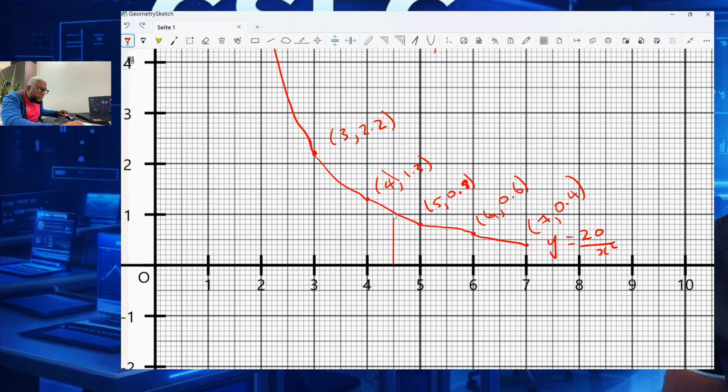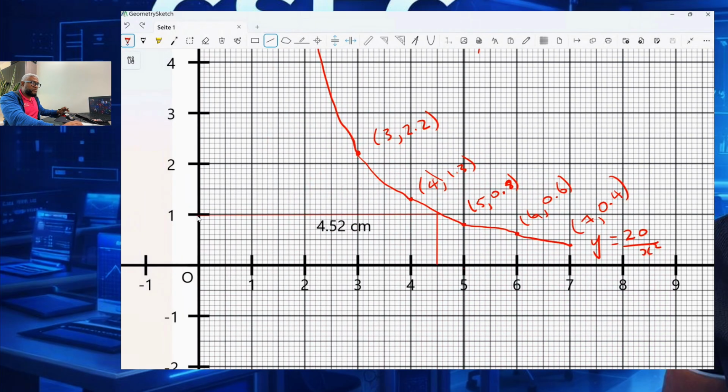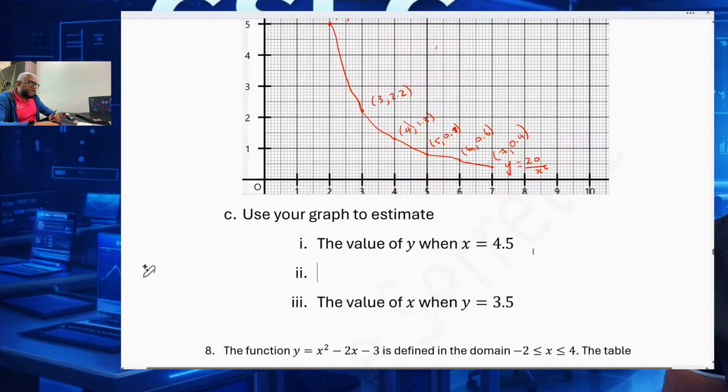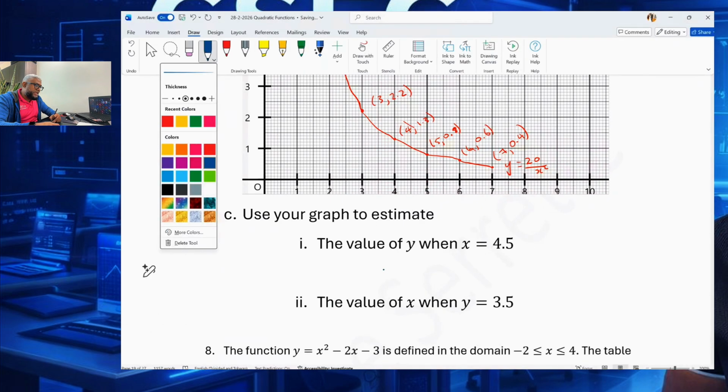Mine's looking like it could very well be 1. All again 1? Yeah. So I'm getting 1. So let me put that in now. So y will be equal to 1.